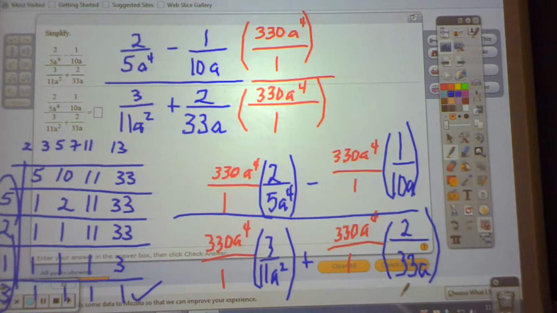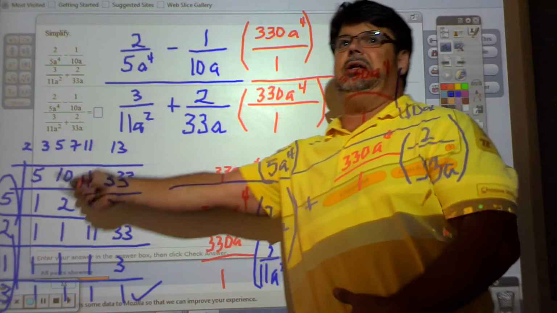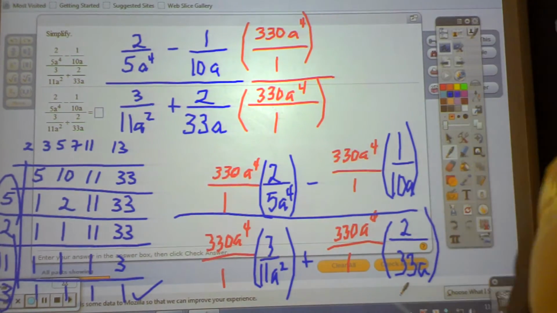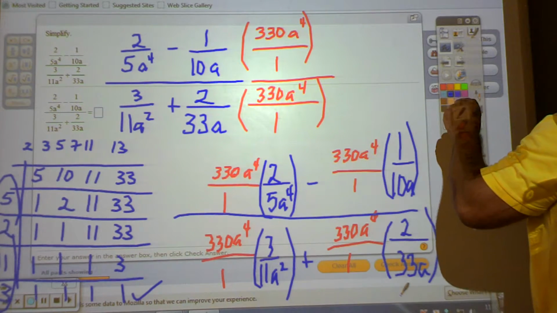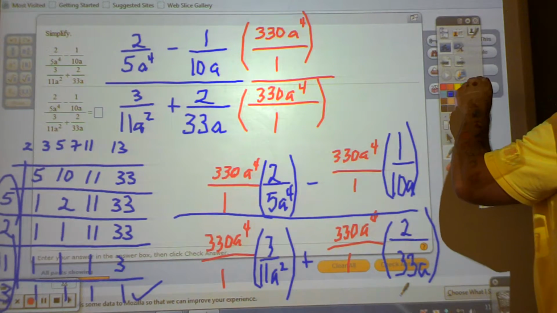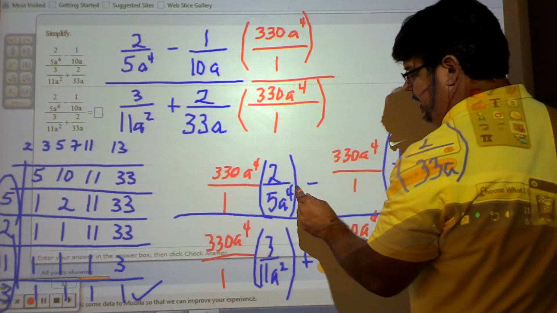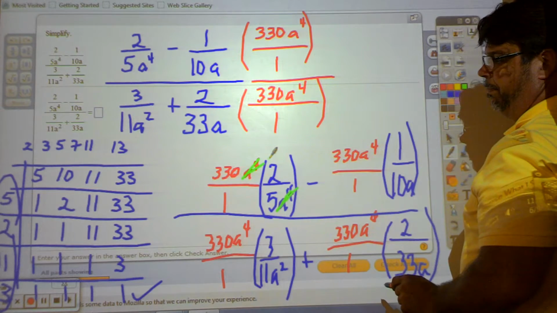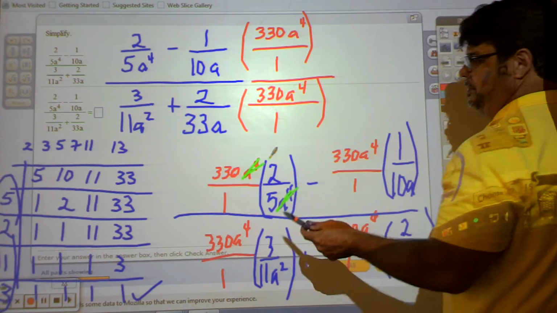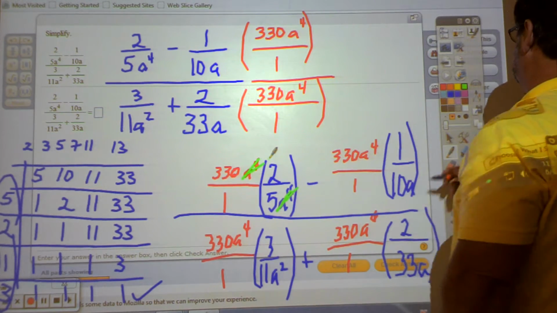Now the good thing about using this is you don't need a calculator to do any of it. Let me show you. A to the fourth. What happens to the a to the fourth? They cancel. So a to the fourth cancels there and there. 2 times 330, well that's easy. That's what? 660.